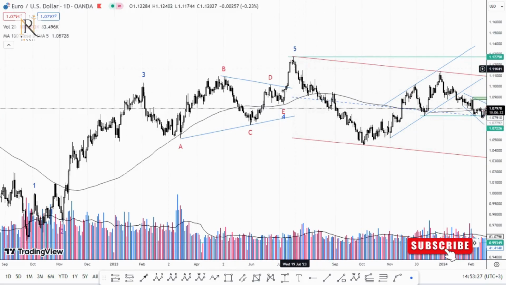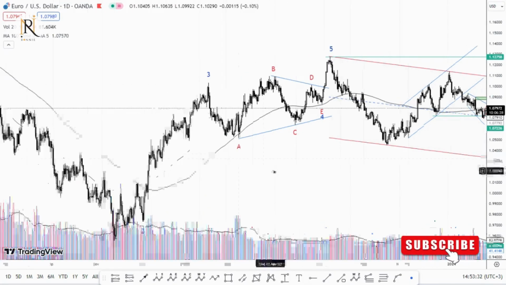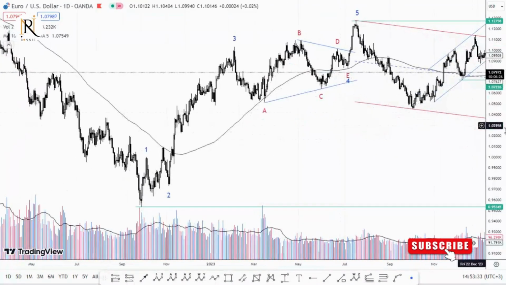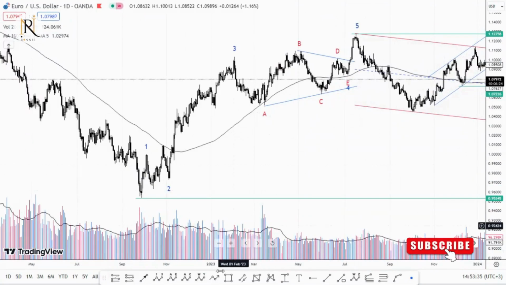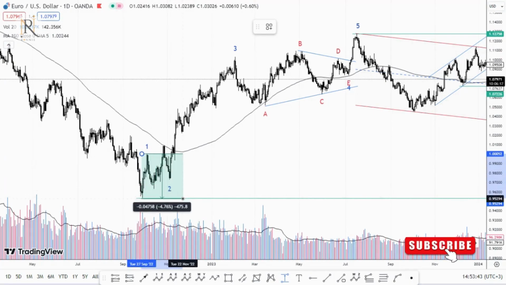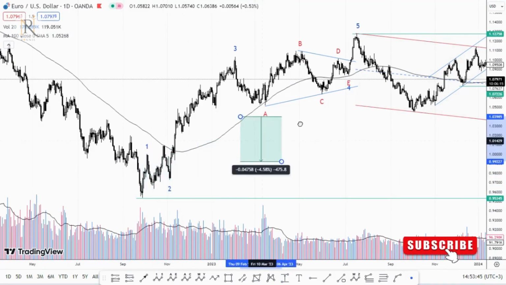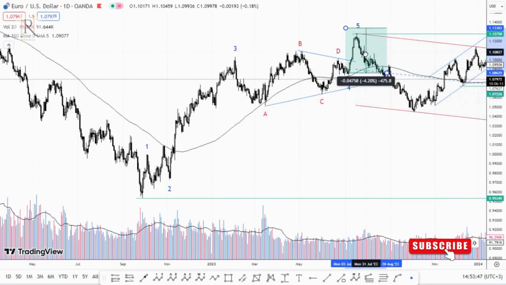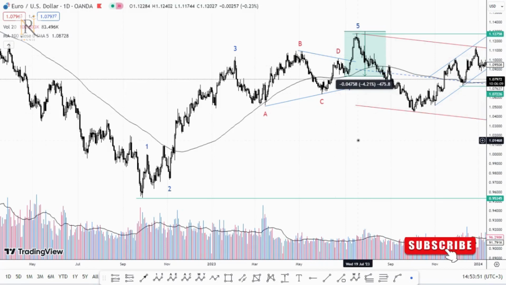After wave 4, we have wave 5, which is the climax of the first impulsive wave. Wave 5 can be equal to wave 1. If you look at this, it is approximately equal to wave 1.